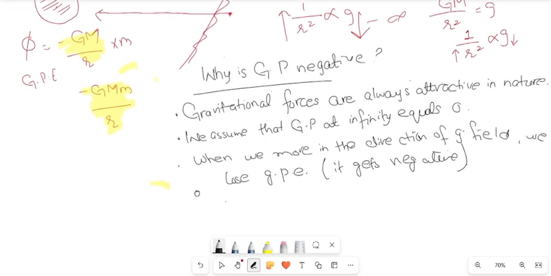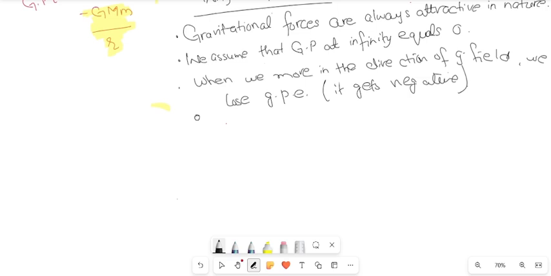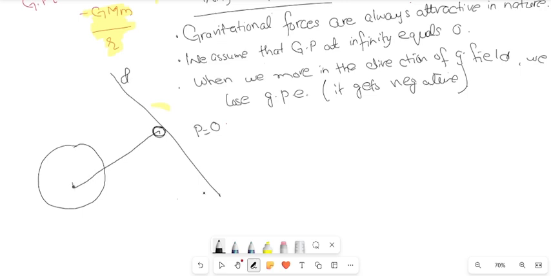Now let me explain all these 3 points with the help of a diagram. Let's assume I have a planet here, Earth, let's say, and there is a small test mass. This is infinity, and when this is infinity, we are assuming that at infinity the gravitational potential is equal to 0. Now the test mass has to go from here to the center.